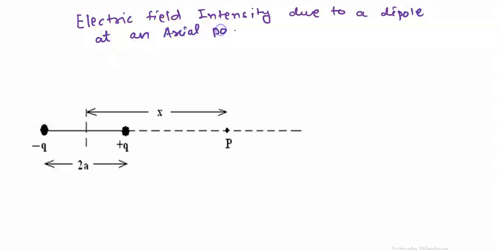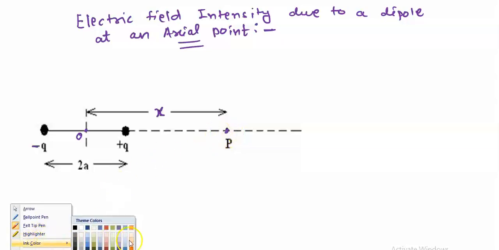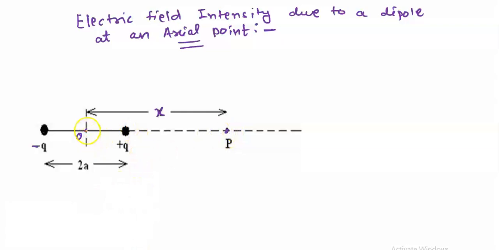Do remember that when we say an axial point, see, here we have minus q charge, here we have plus q charge. This is the center O, and if we extend this, this point P is called an axial point. And we are going to find out the electric field intensity at this axial point of the electric dipole. We have assumed that x is the distance of this point P, situated on the axial point of the electric dipole, from center O of the dipole.